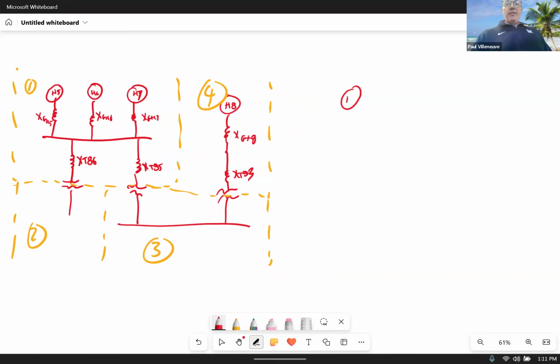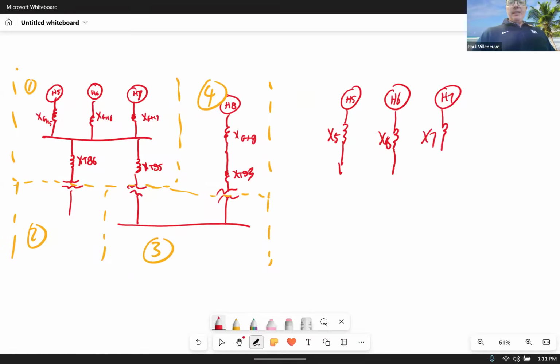So I have H5, and I'm just going to call this X5 just to make it a little bit easier to write. X6, X7, go on to a common bus.